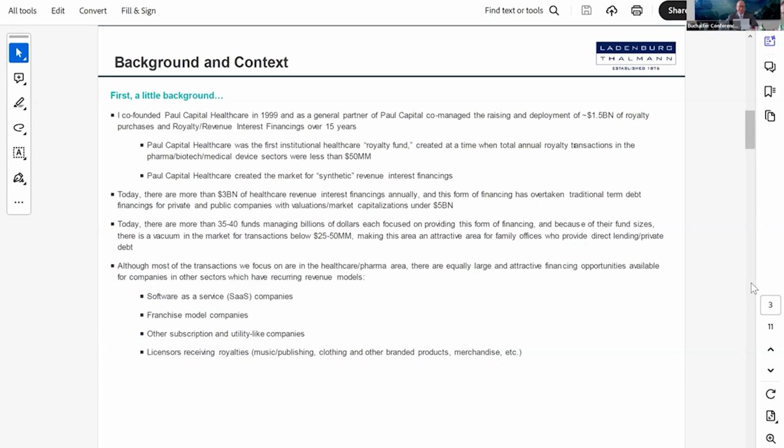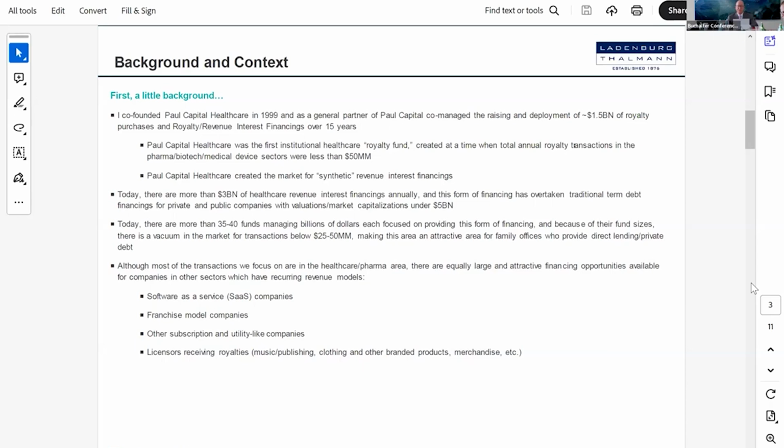Interestingly, at Paul Capital, we created this synthetic revenue interest financing. Today, in the healthcare market, there's approximately $3 billion of these financings done every year. This form of financing has overtaken traditional term debt financing as a source of non-dilutive capital for both private and public companies that have market caps or valuations under $5 billion.